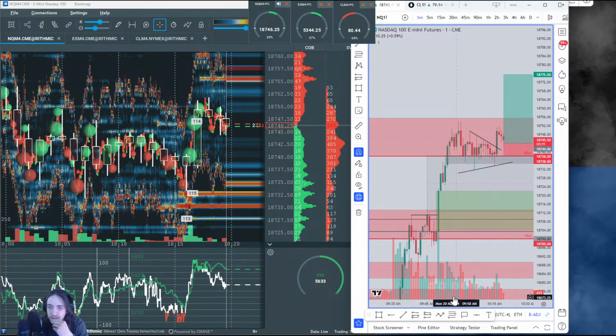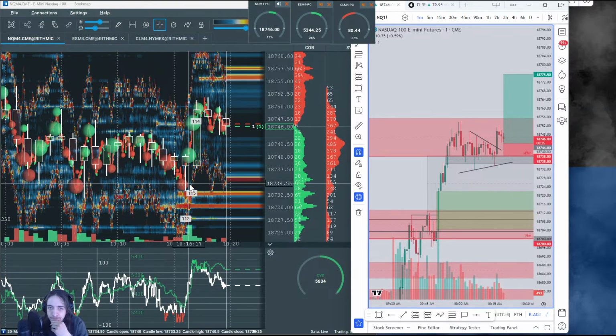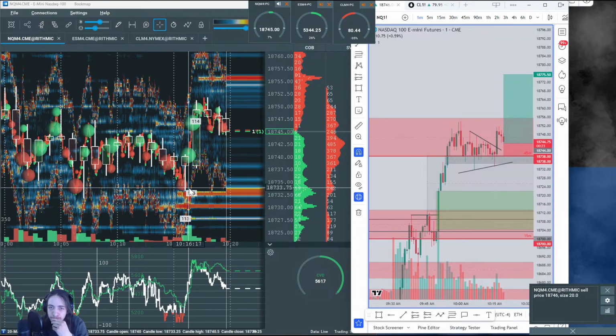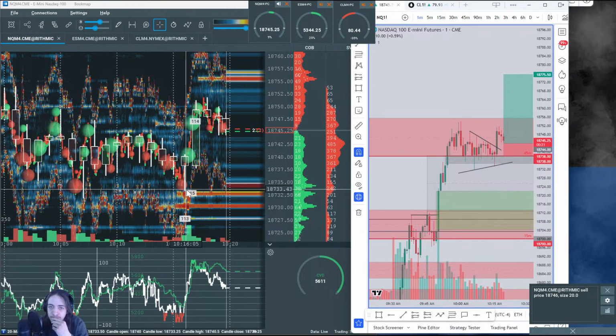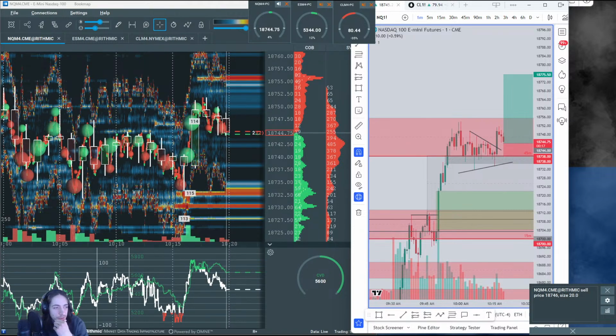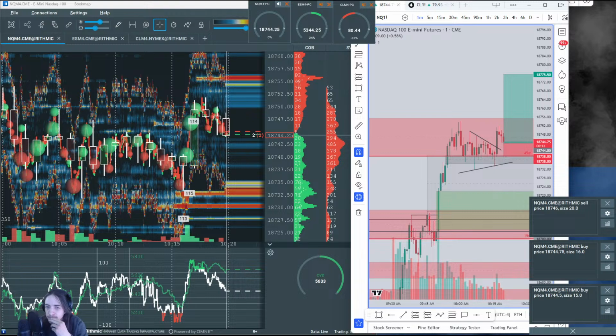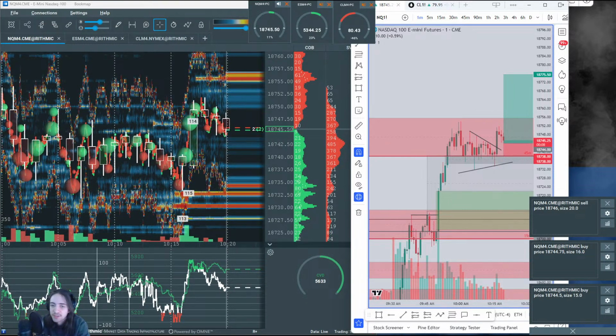Some buying, some selling coming in, pretty inconsistent. Alright, there's the break of that previous 1 minute. Still gotta wait because we are still in supply, right?